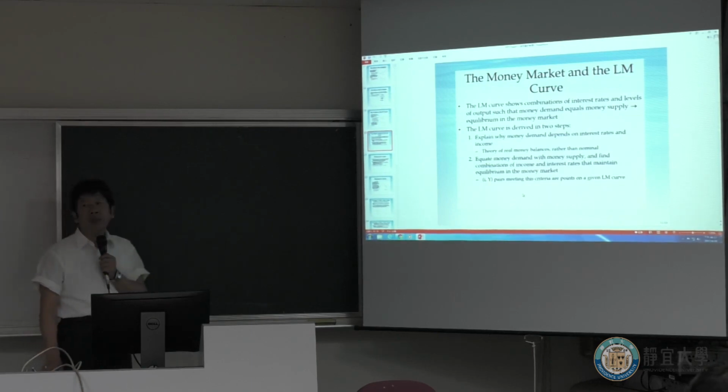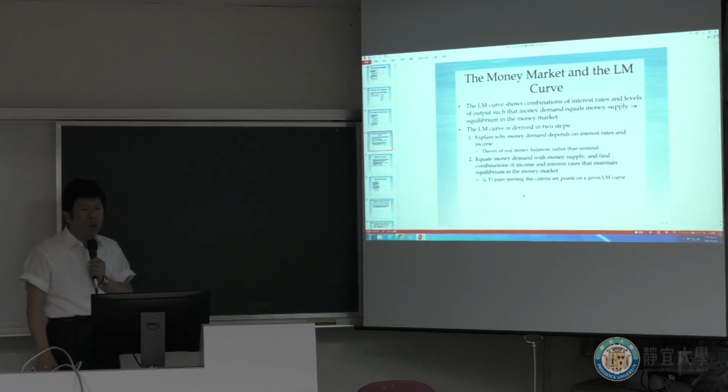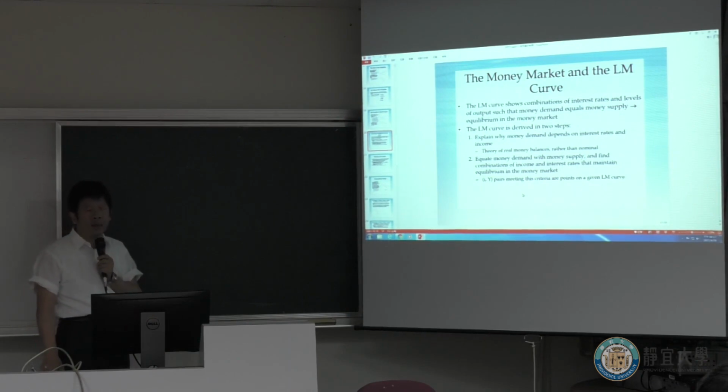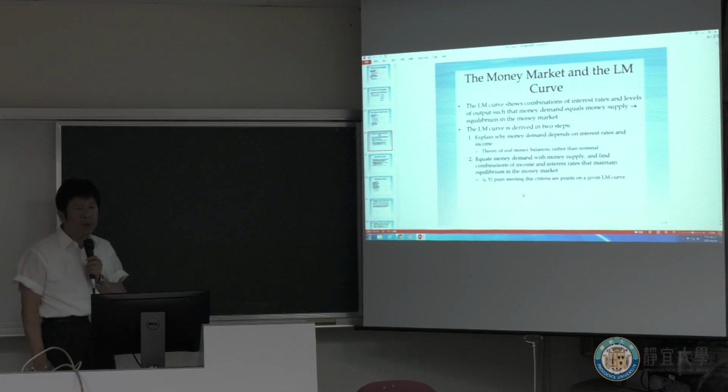LM means the money market, okay? So we can also find that the money supply is controlled by the central bank and the money demand is determined by the whole society, because people have different motivations, okay? They want to buy something, or prepare for something, or do some speculation, okay?